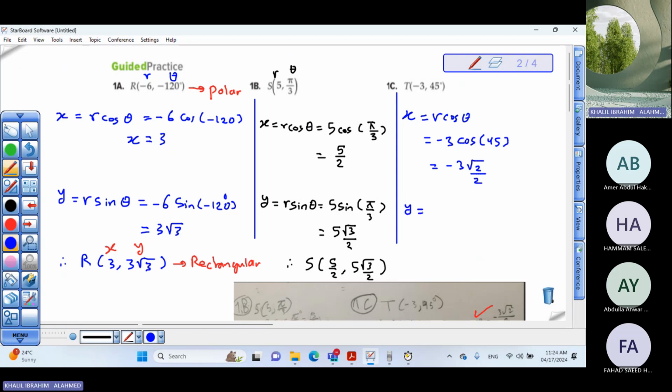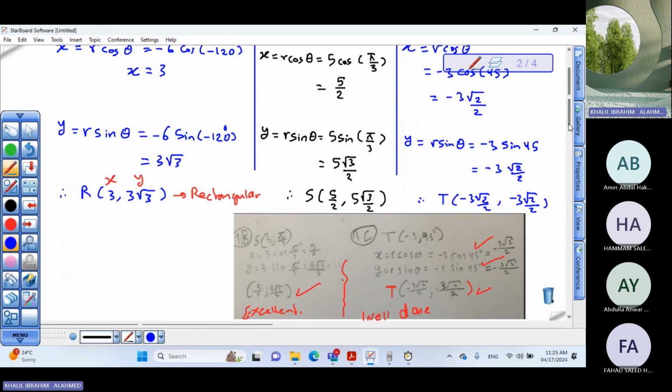And the same, y equals r sine theta, which equals negative 3 sine 45 degrees, the same answer, negative 3 radical 2 over 2. Finally, we can write t in rectangular coordinates as negative 3 radical 2 over 2, comma, negative 3 radical 2 over 2. That's it.